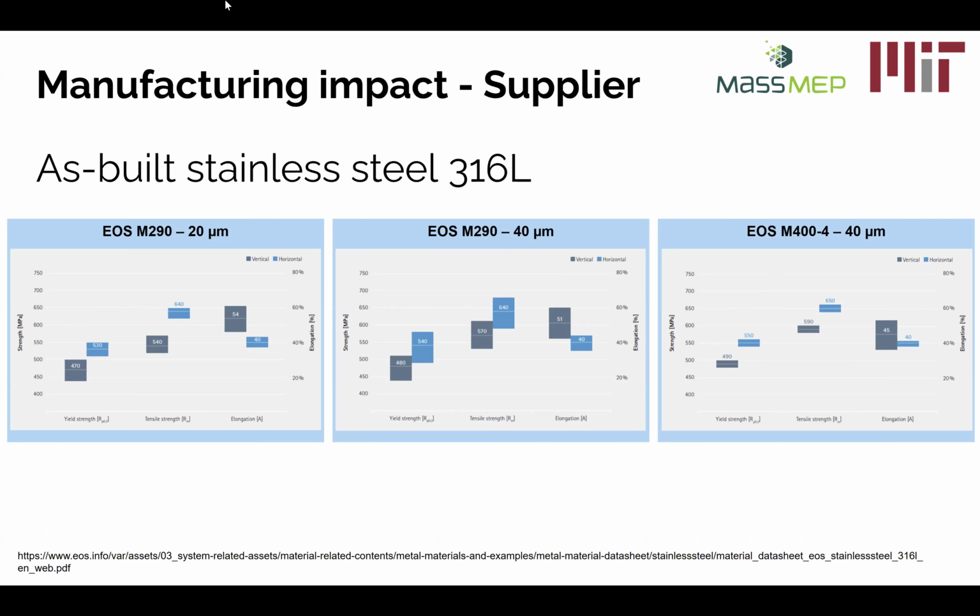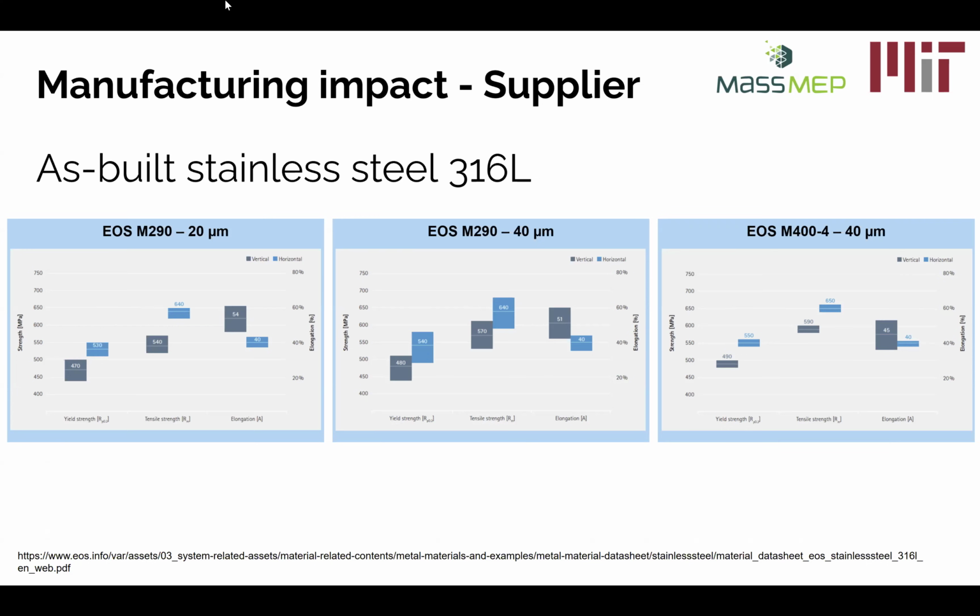So here they're just printing standard stainless steel 316L. They're testing it in as-built condition, and very important is that with additive manufacturing, properties are anisotropic, so they will be different depending on which direction you measure.